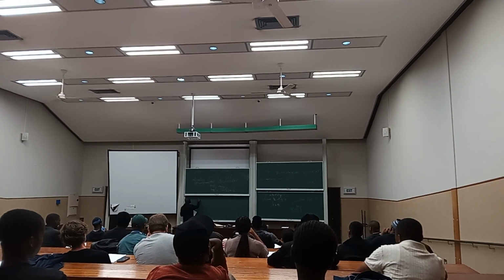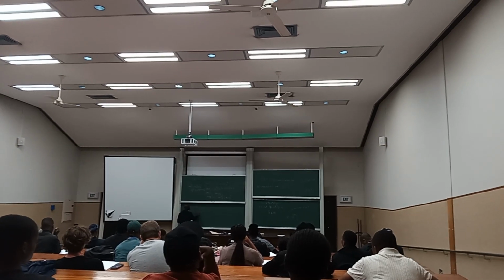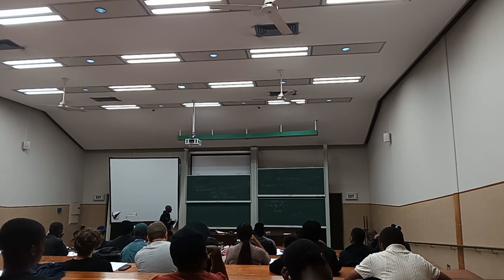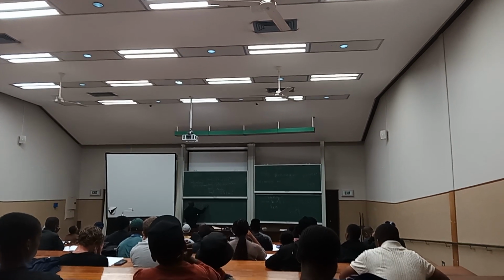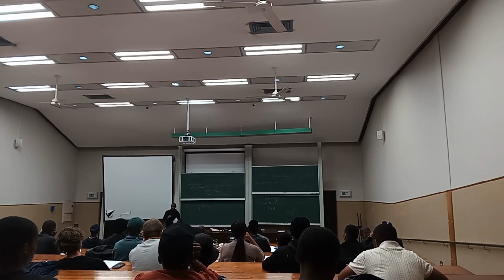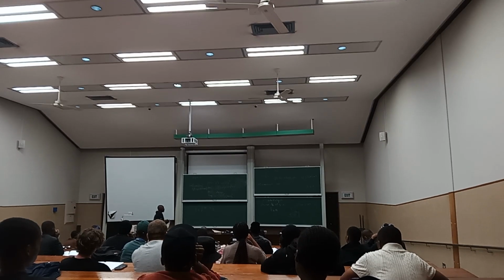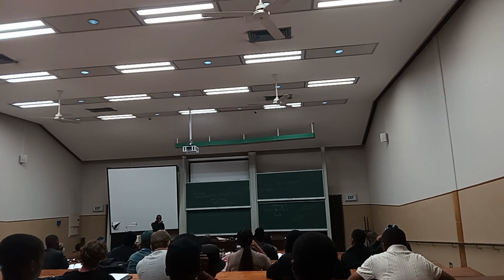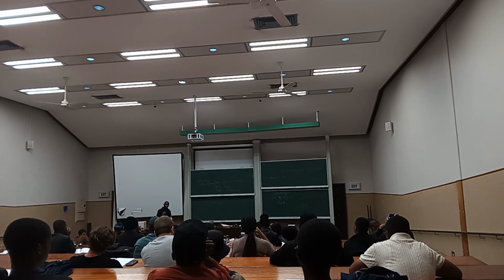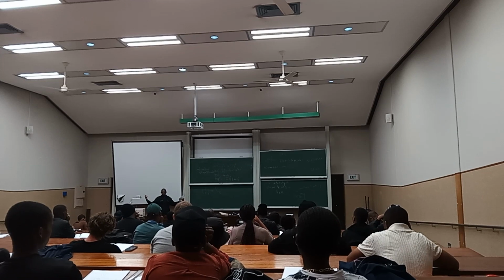So the notation is like this: 3, 2. And sometimes in other books, they write it like this. It's just telling you the number of ways to choose 2 objects out of 3.